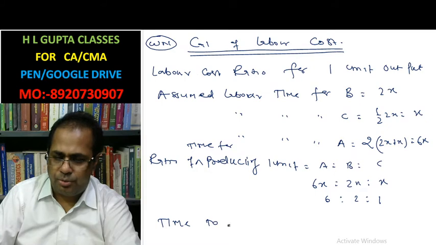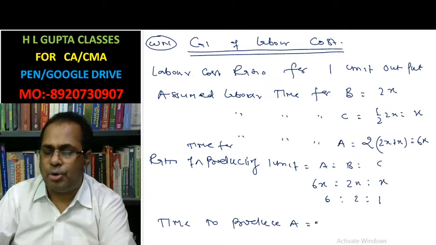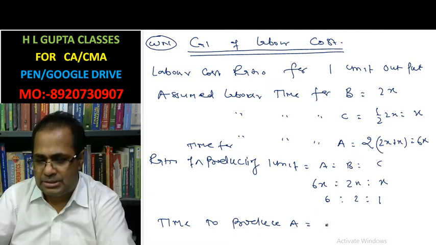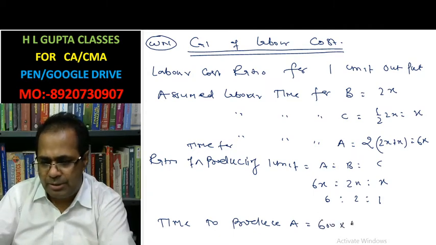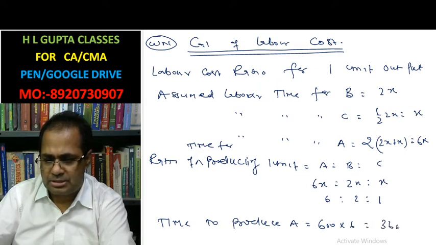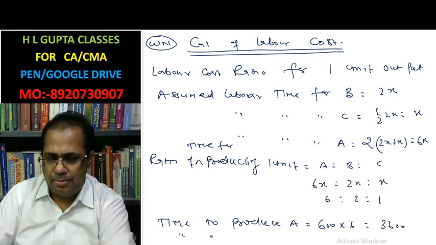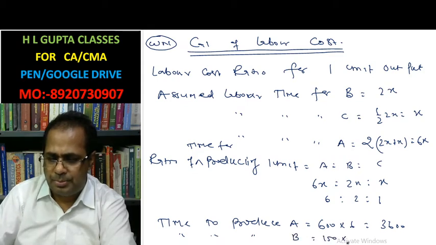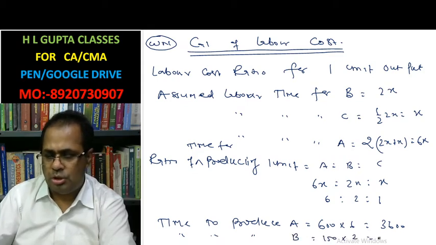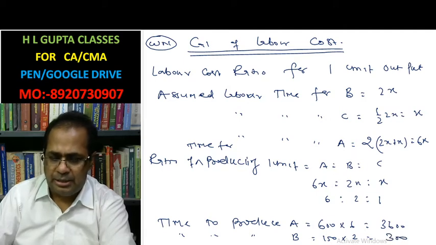Time to produce A. A is producing 600 units, for 6, that is 3600. Time to produce B. B is producing 150, that is 2, this is 300.